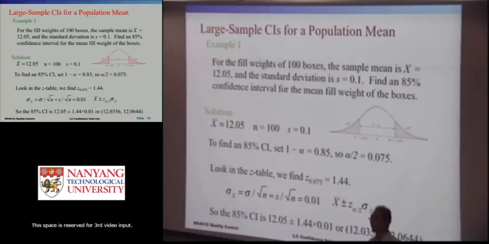As long as you can identify that this is asking about x bar, not x, then x bar satisfies a normal distribution, and you can get the parameters of this normal distribution. Then you can get it done.